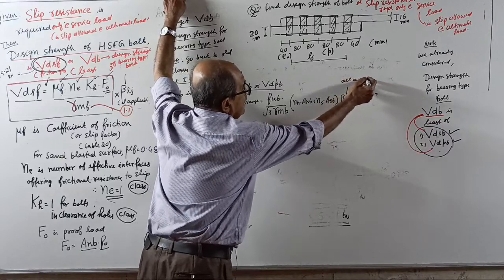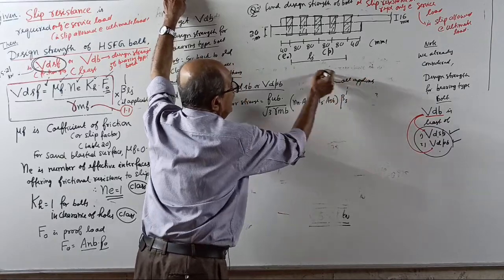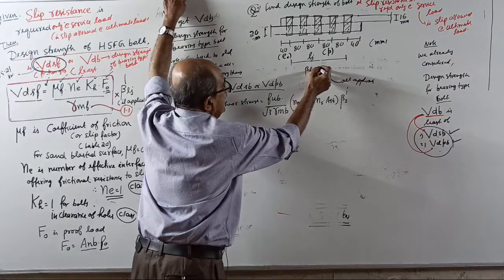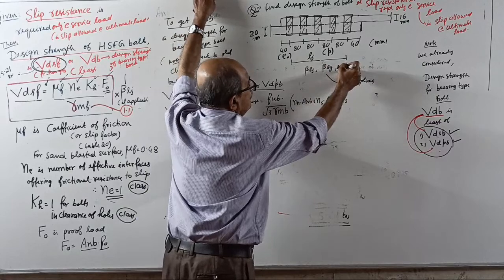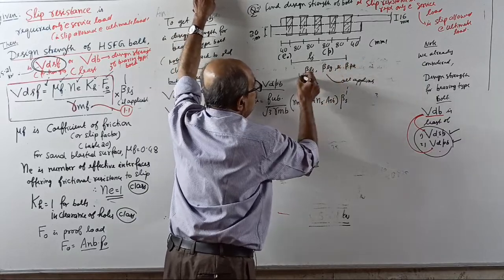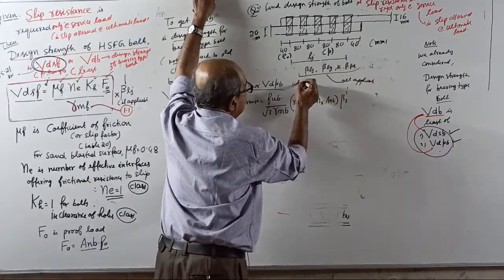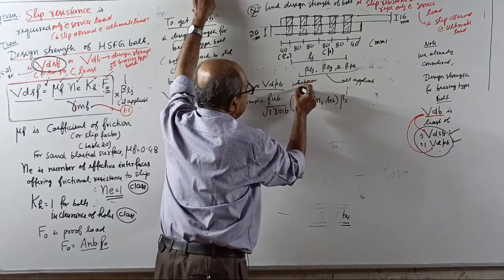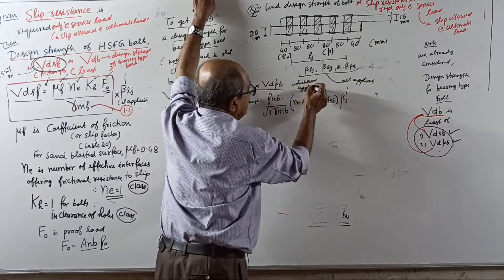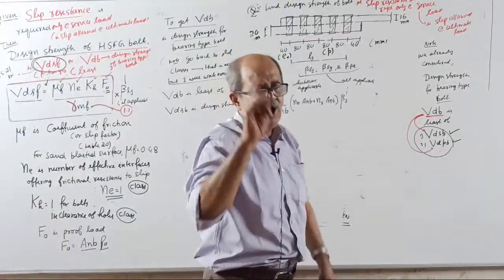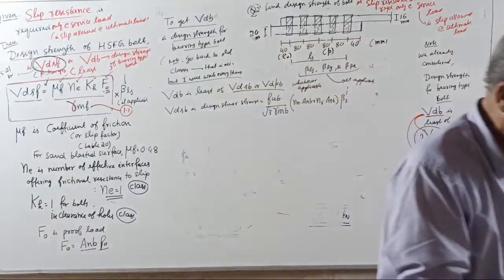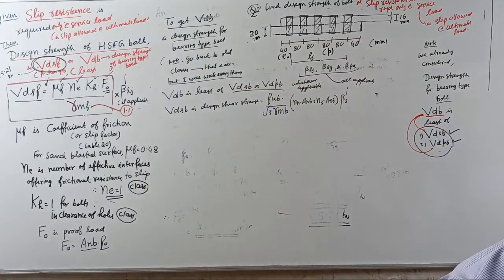You should write all applicable betas, that is beta LJ, beta LG and also beta PK, whichever applicable. Whichever is not applicable, leave it.